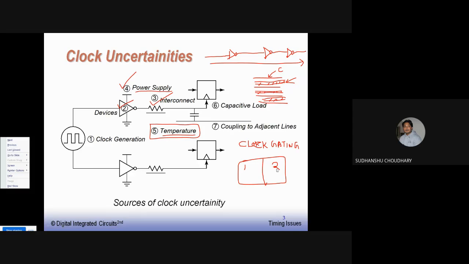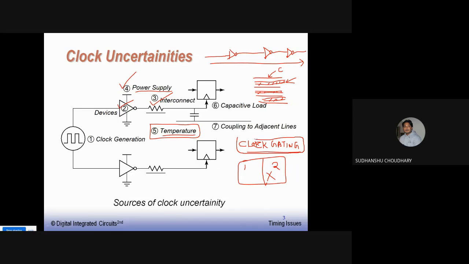So what I will do is gate the clock, that is, I will cut the supply of clock in this portion of the chip. That is called the clock gating technique. That will save the clock power dissipation because the clock is not required in portion number 2 of the chip, so the clock should not be supplied. The clock supply is cut, which is called clock gating. So the idea is to save the clock power dissipation by this clock gating technique.